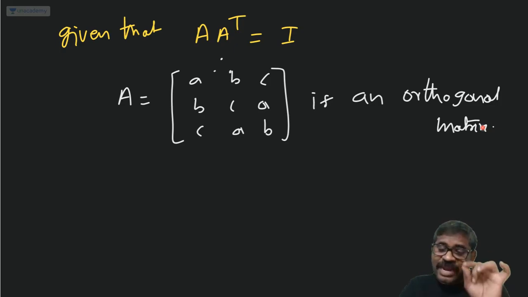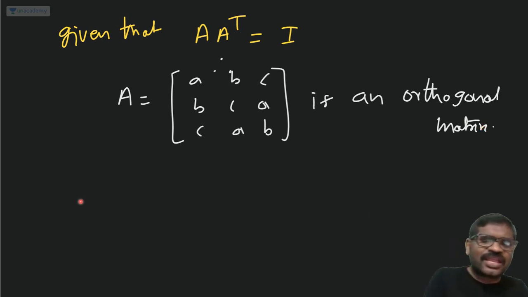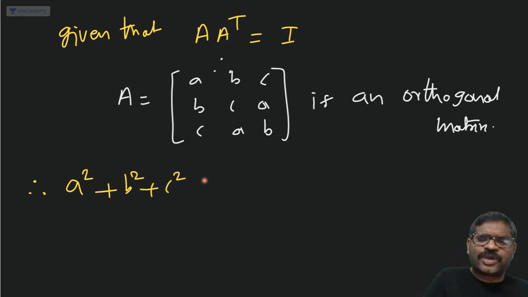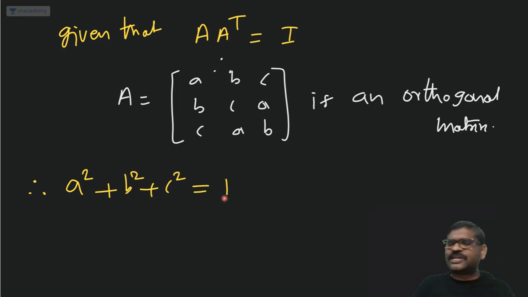If the matrix is an orthogonal matrix, we have two properties. The given vectors are orthonormal. That means A square plus B square plus C square equal to 1.